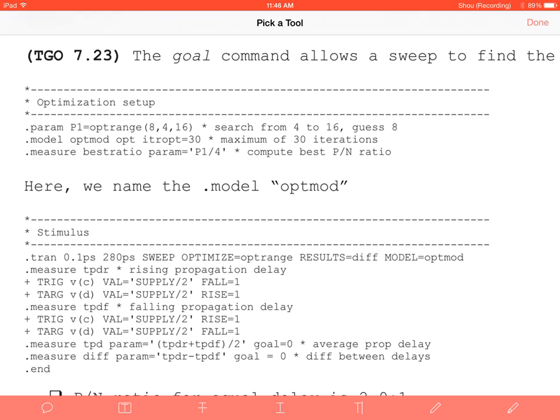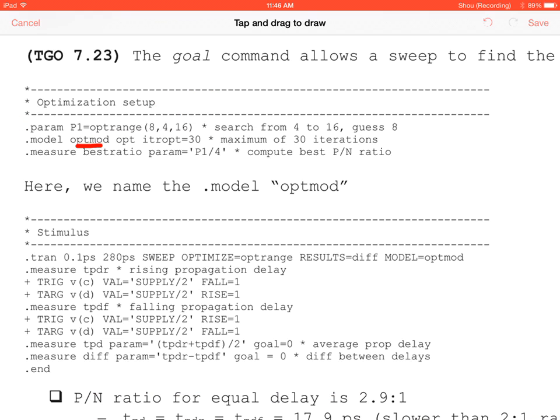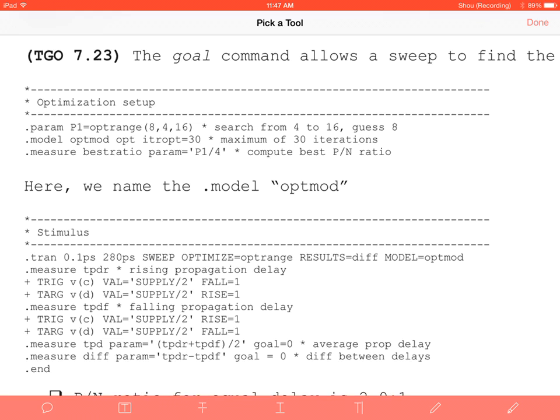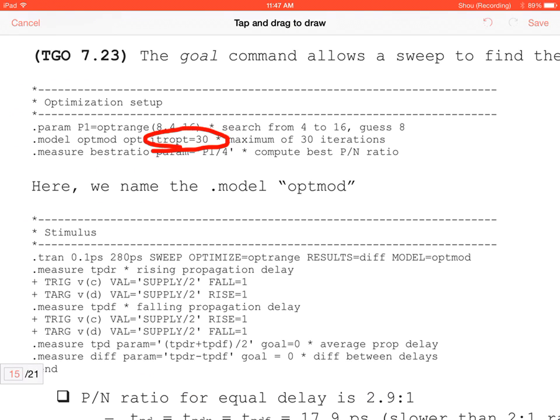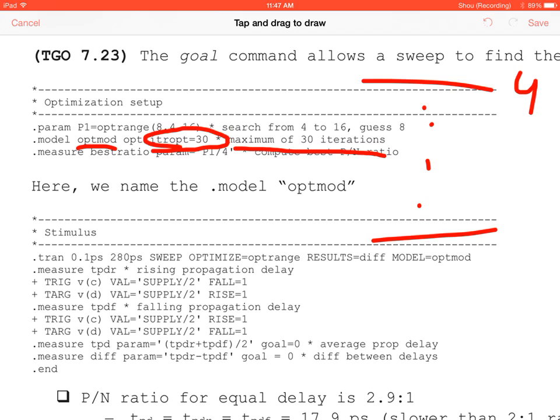We're going to model, we're going to call it opt mod, and the number of iterations on the optimization is 30. So what this code means is we're defining our opt mod, and we're doing it somewhere between 4 and 16, 30 times. And the closest we get will be the optimized value.